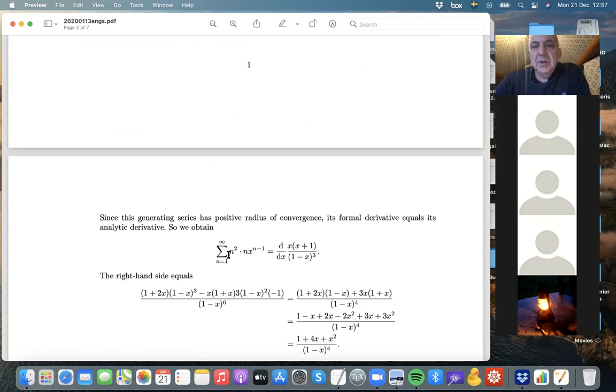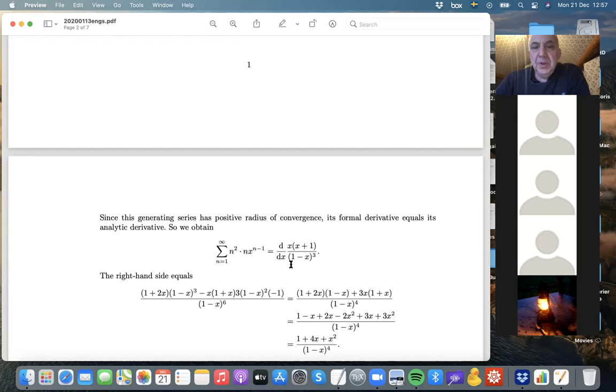So the sum for n from 1 to infinity of n cubed x to the power n minus 1 is given by the derivative of the left-hand side of the previous expression, x times (x plus 1) divided by (1 minus x) cubed.